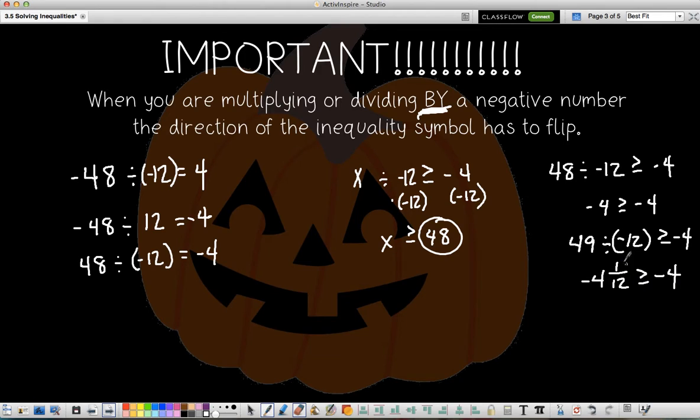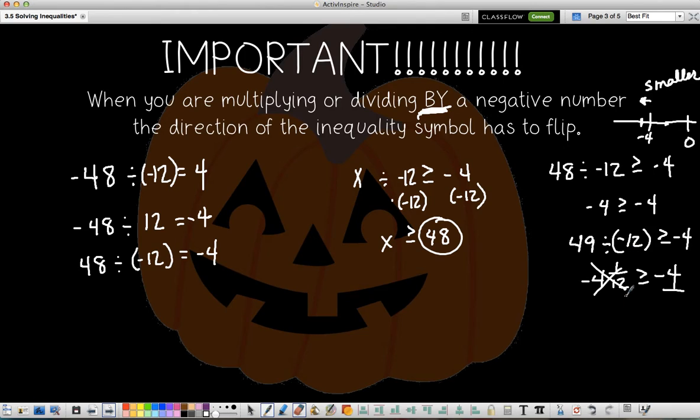Well, now I know since I added this 1/12 to it, it's further down the number line. So if this is negative 4, and 1/12 is like right here, and since we're going left in the negatives and getting further away from 0, we know our numbers are getting smaller. So now this inequality is no longer true because this is not bigger than negative 4.